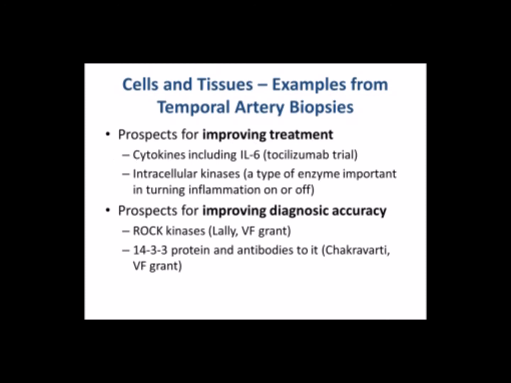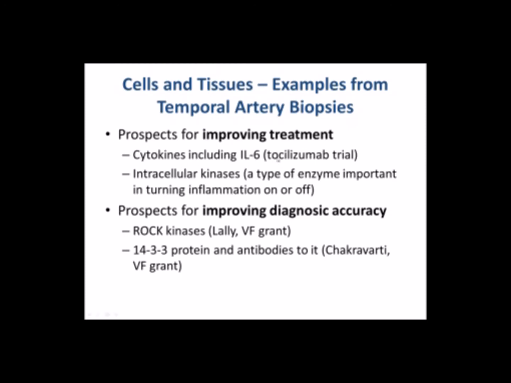Looking at the blood of patients and at temporal artery biopsies has implicated another cytokine, or immune system hormone, called interleukin-6 or IL-6 as being important. That has led to a clinical trial involving an antibody that blocks that pathway and is actually FDA approved for rheumatoid arthritis. This is a big international trial that's in progress. We don't know if it's going to work or not, but the trial is big. It's being done in a placebo-controlled way, and it'll tell us.